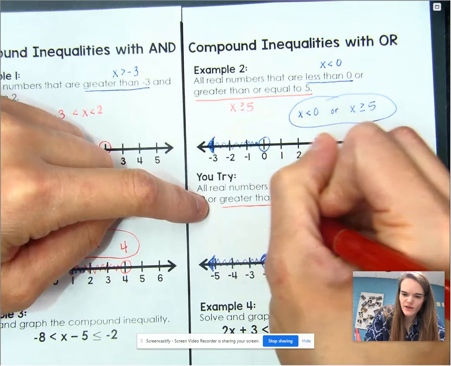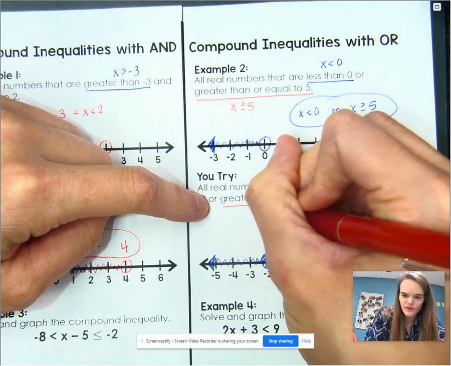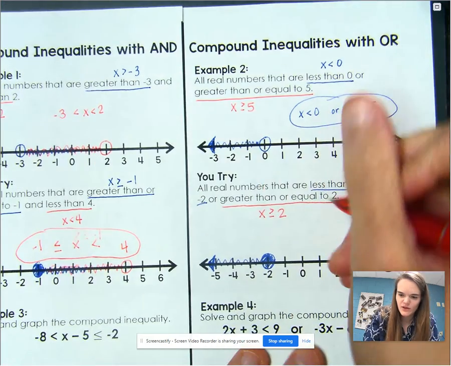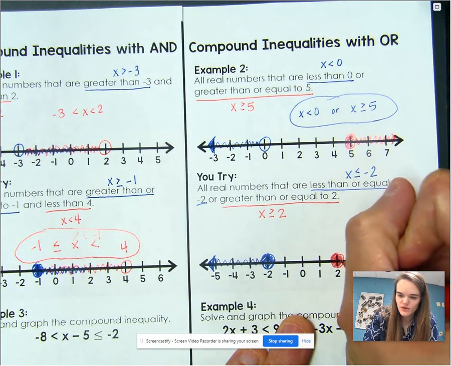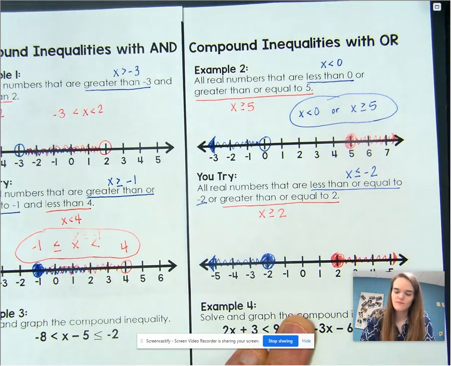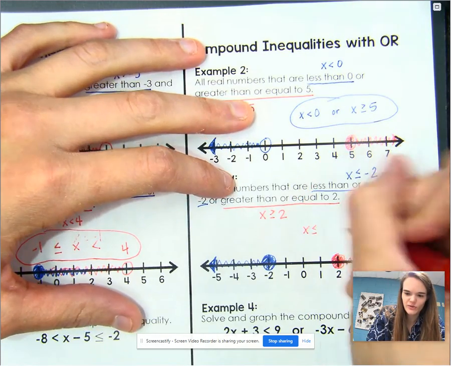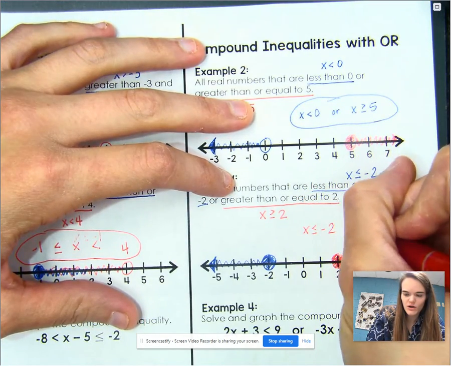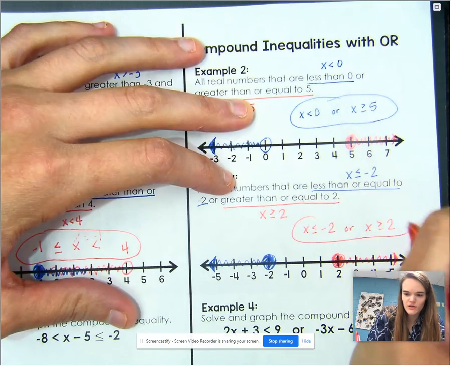Okay, greater than or equal to 2. X is greater than or equal to 2. Shaded in is or equal to, shade to the right. Okay. They point in opposite directions. I'm going to just bring them down. X is less than or equal to -2, or X is greater than or equal to +2. Okay.